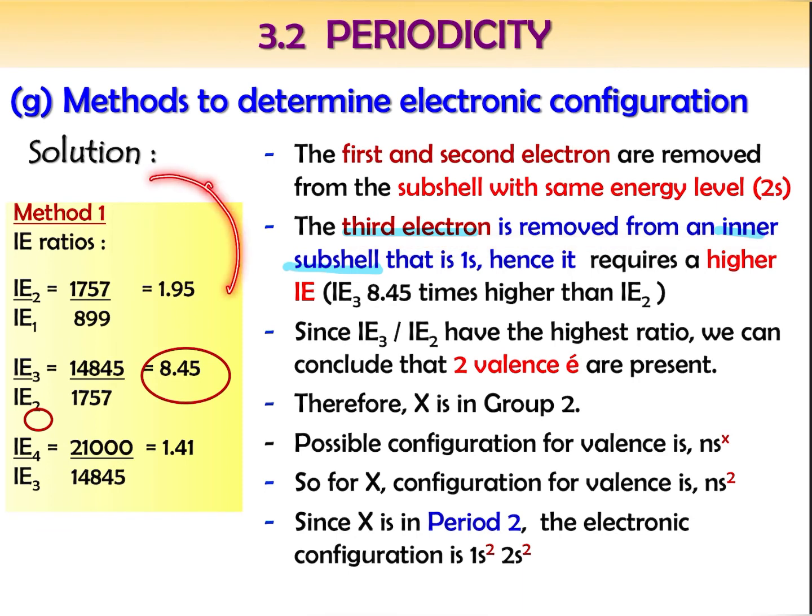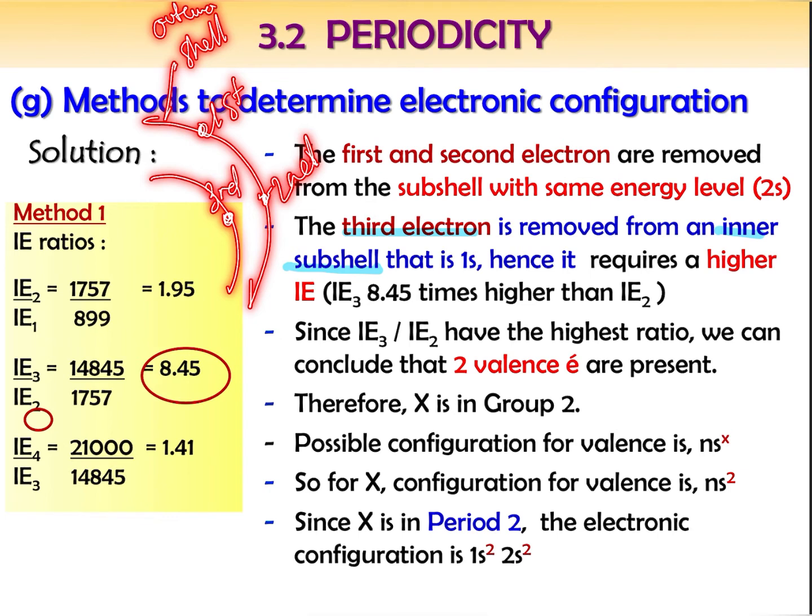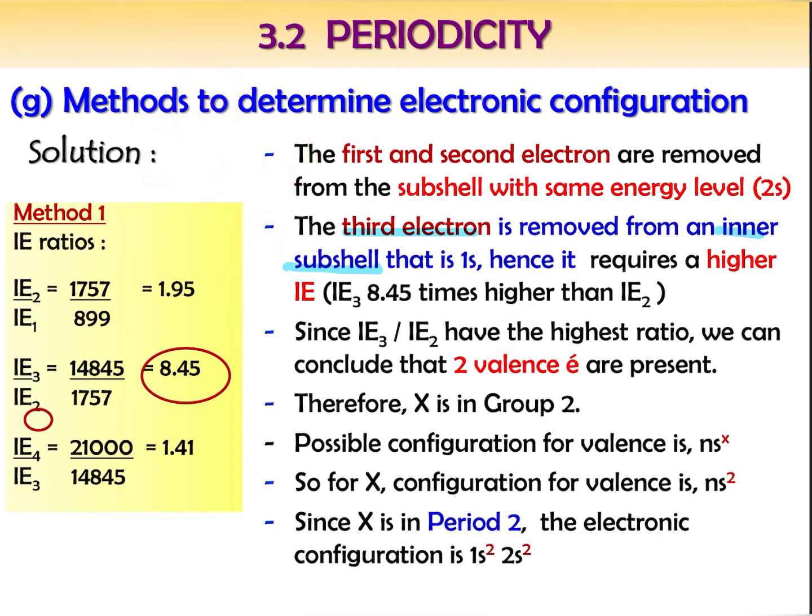So ini the third electron. So maksudnya the first and the second electron tu berada di shell yang paling luar lah, outermost shell. Okay, so when we know that the valence electron adalah 2, we can deduce that X is from group 2.